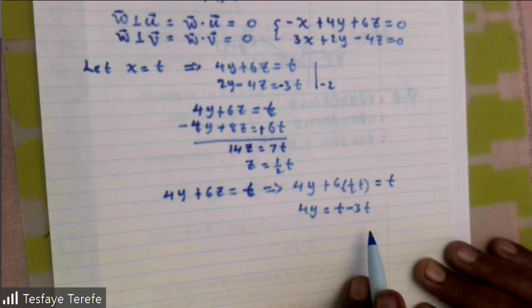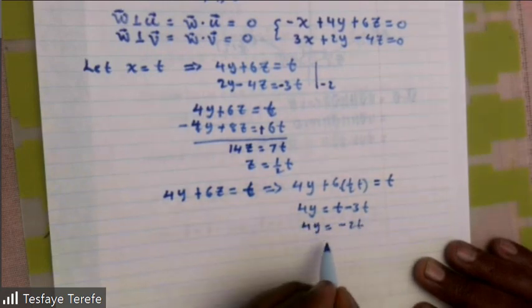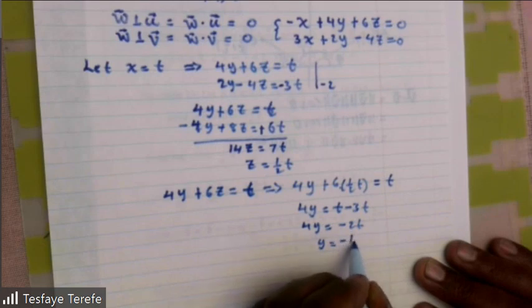And then this will give me 4Y equals -2T, Y equals -1/2 T.